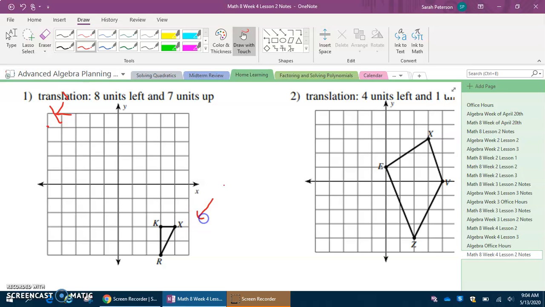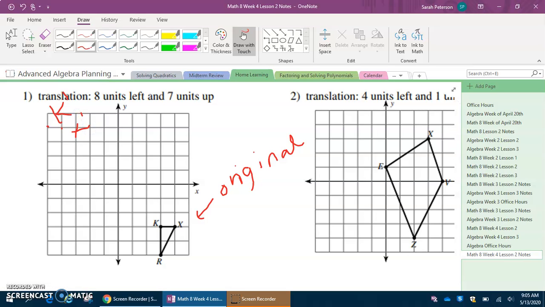So this is the original here, and we're going to translate it. So I'm going to do the same thing with every point. So I'm going to go back to X, and I'm going to count 8 units left and 7 units up. 1, 2, 3, 4, 5, 6, 7, 8, and then 7 up. 1, 2, 3, 4, 5, 6, 7. So right there, that grid line is going to be my X prime.